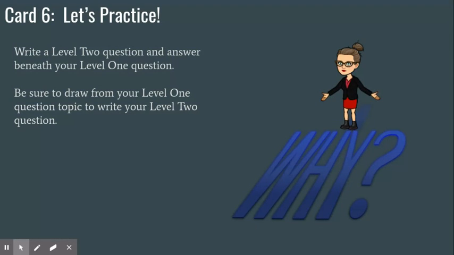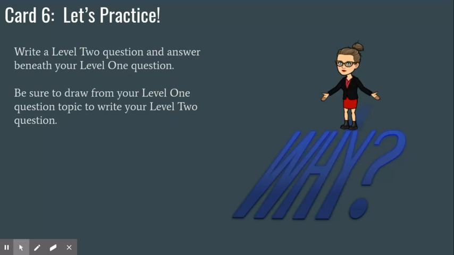Now I want you to write a Level 2 question and answer it beneath your Level 1 question. I want you to be sure to draw from your Level 1 question topic to write your Level 2 question. Remember that these questions are inferential and will involve reading between the lines.